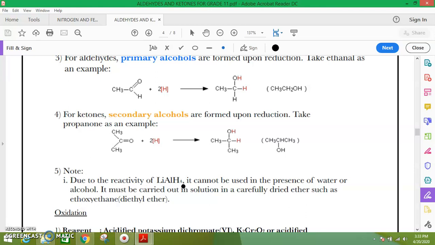We will not dissolve this compound in water or in alcohol; we will use dry ether. But if you use sodium borohydride, then we can use alcohol. This is all about the reduction and the reactivity of aldehydes and ketones at the carbonyl carbon. Next lesson, inshallah, we will start another reaction, oxidation.